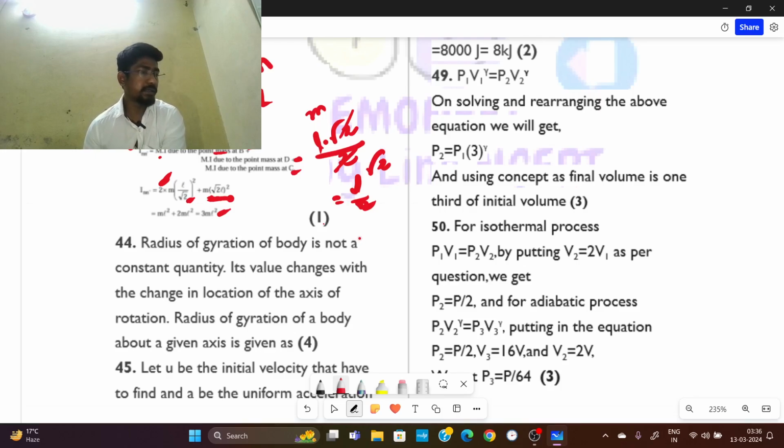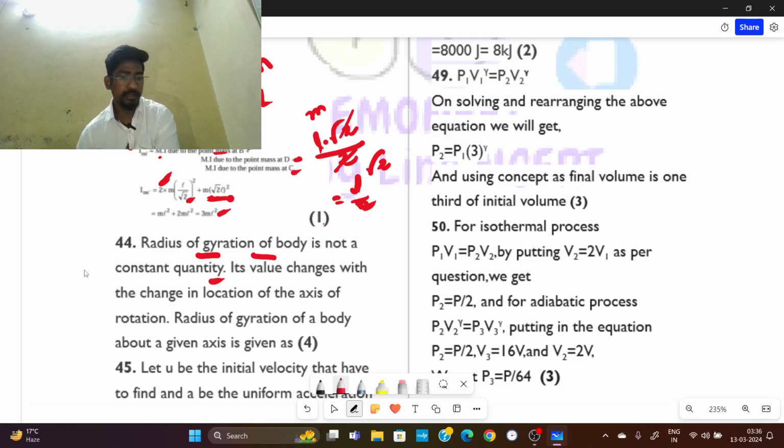The explanation states that the radius of gyration of the body is not a constant quantity. It depends on the position of the axis; its value changes with the change in the location of the axis of rotation.